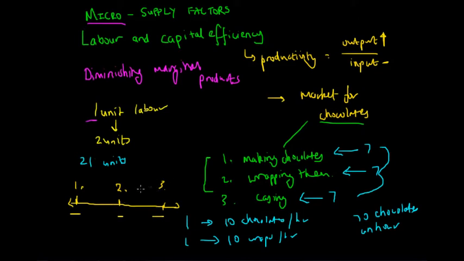Now we can see that only a certain amount of people can fit into these little designated areas. So if we have 7 units of people, they're fairly crowded, and even though they're able to make more chocolates, wrap them up more quickly, case them more quickly, we can see that they're crowded and that they can't work to their maximal efficiency.